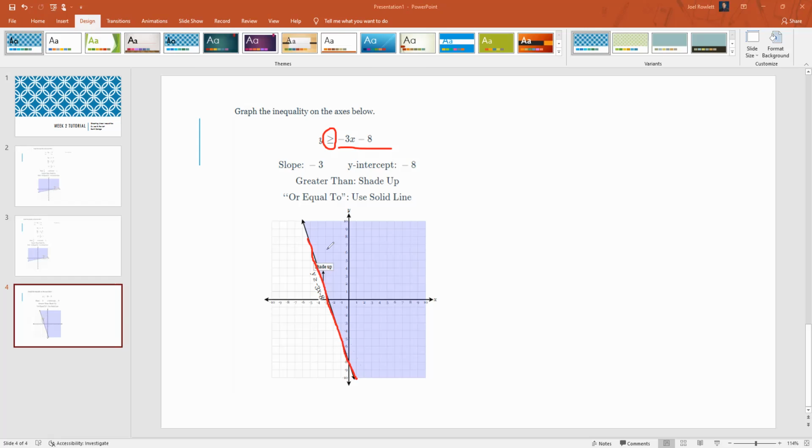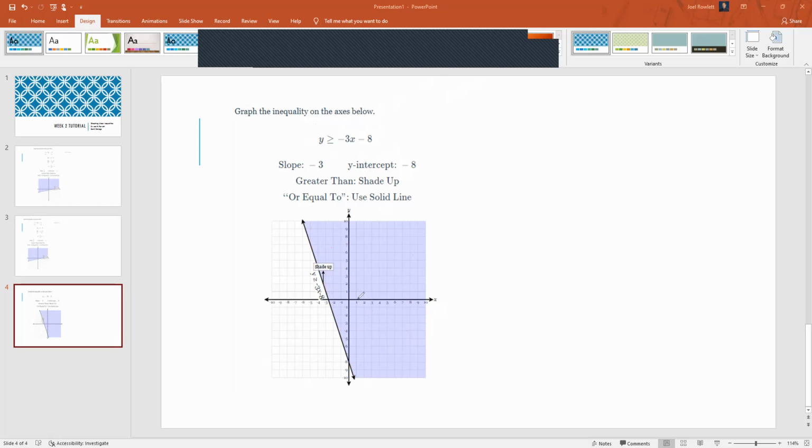And since it's greater than, anything above the line, any of the points in this region here, even this one, if you were to take 7, negative 5 and plug in 7 for x and negative 5 for y, you would get a true statement.